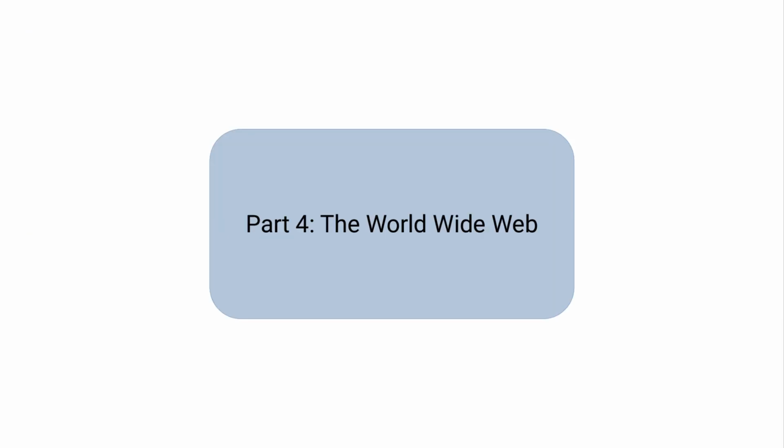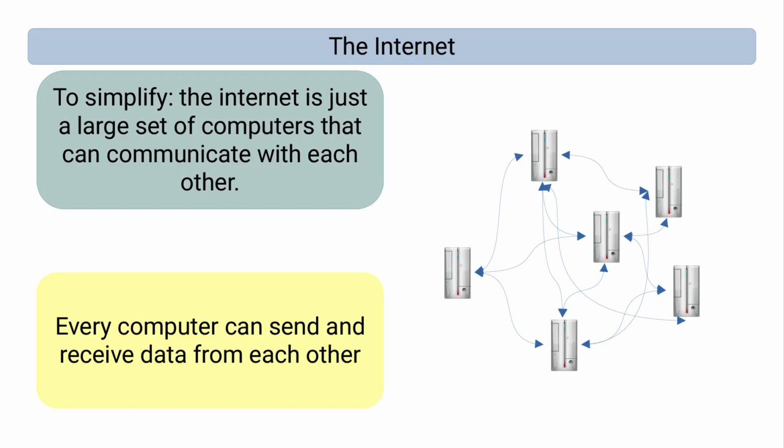And speaking of cool videos in motion, let's now talk about the World Wide Web. Now, technically speaking, the internet and the World Wide Web are two different things. So first, let's go over the internet. To oversimplify it, the internet is simply a bunch of computers, clients, and servers connected together in one giant network.